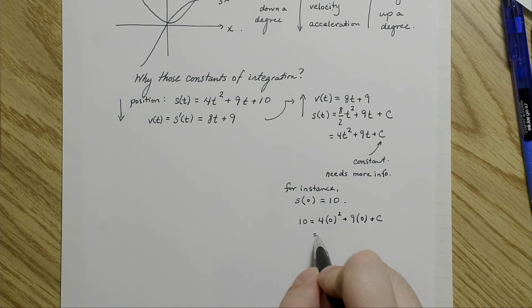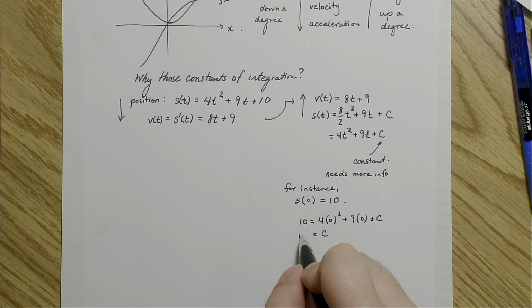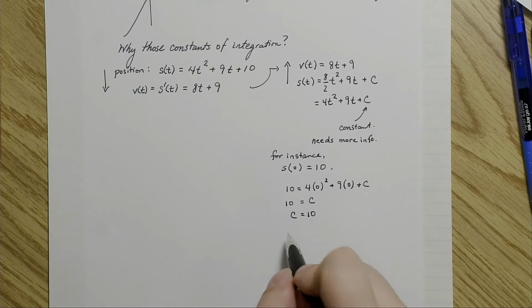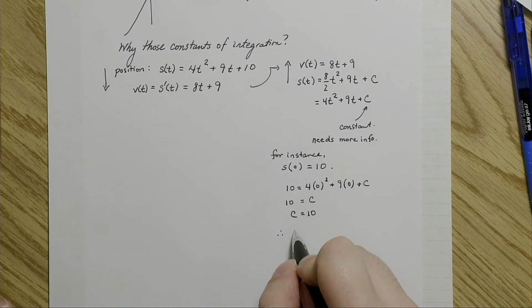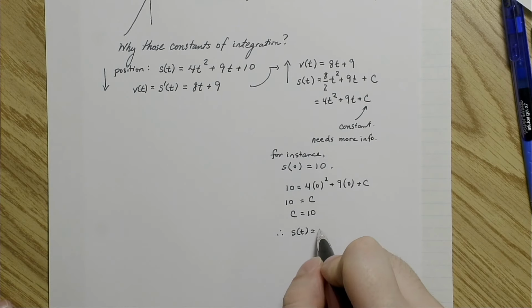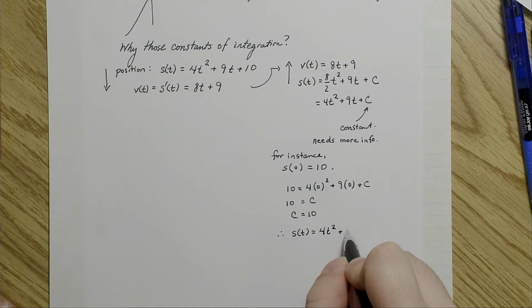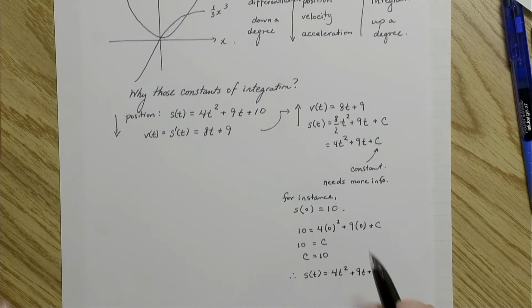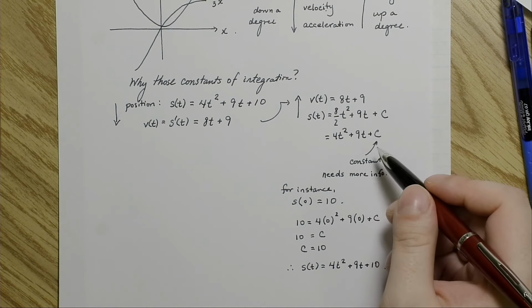Those are all equal to 0, so c equals 10. So therefore, s of t is equal to 4t squared plus 9t plus 10. So that's why we have to have this constant.